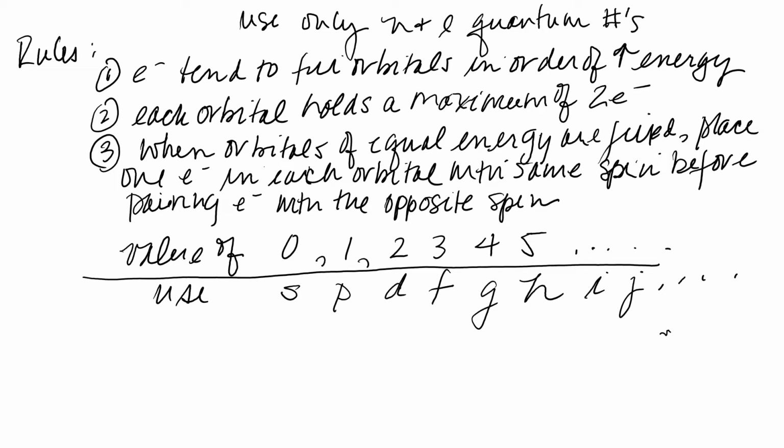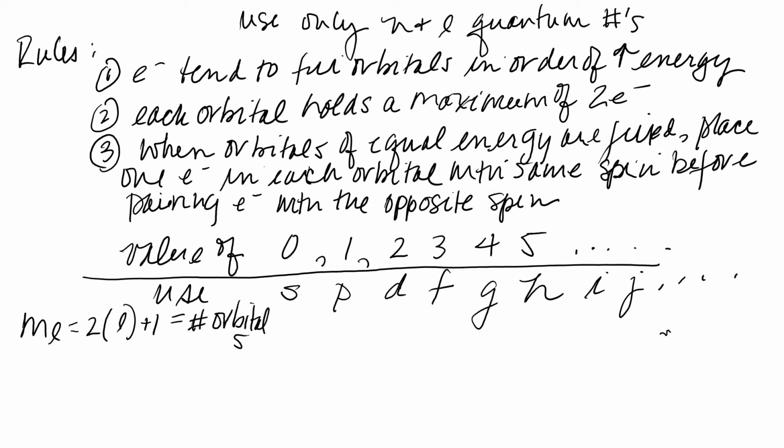I'm also going to relate this to m sub l. So m sub l, remember, describes the orientation of orbitals in space, but we can use the value of l, 2 times l plus 1, to give us the number of orbitals in that subshell.